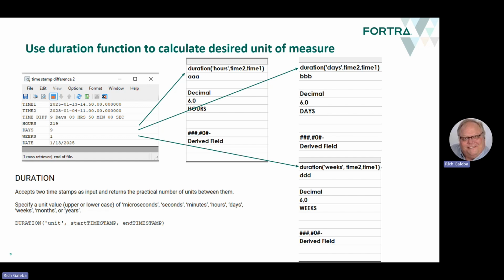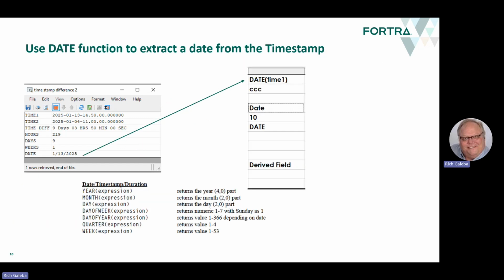So looking at the difference between 2 timestamps, which is commonly done, when did something start, when did it end, when did someone check in, when did they leave, when did the truck leave the dock, when did it arrive, always looking at the difference in time based on some level of precision.